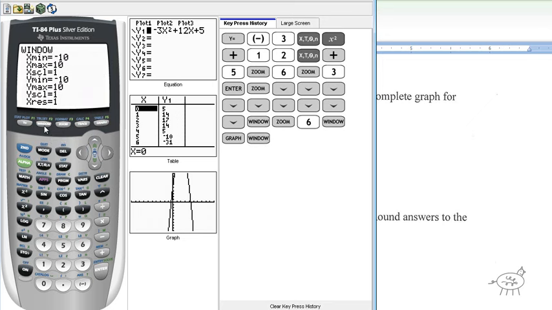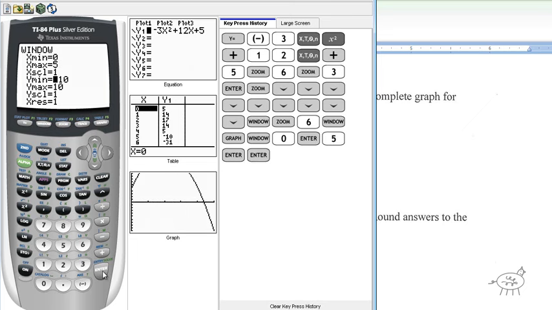So let's go to another window, and let's do A, which is between 0 and 5 for x, and then y is between 0 and 5. Just so you can see what's going on, with the virtual TI I don't even have to enter.